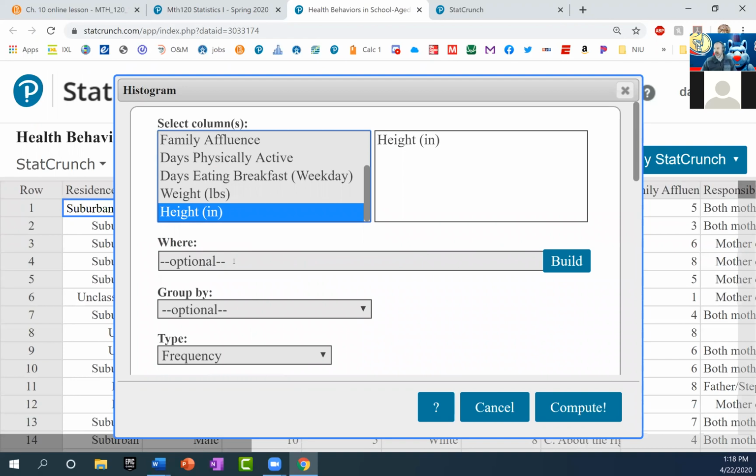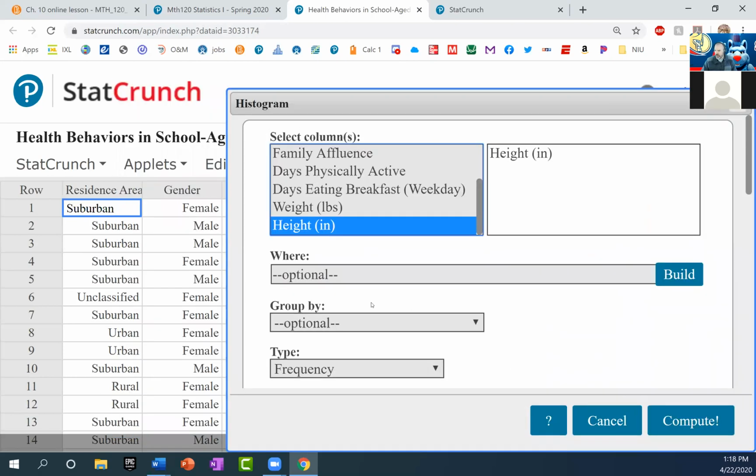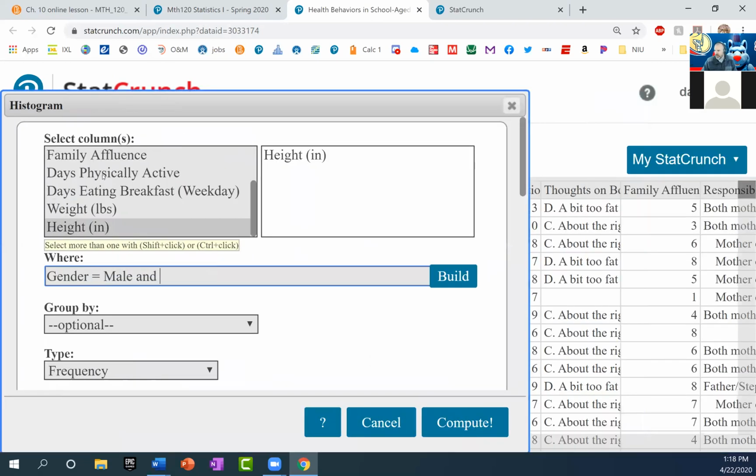Okay, height. Now I want to just get 12-year-old boys. I did give a hint there, but I think maybe I'll just build it. Now we should be able to type it. What do we have? We have gender. So we're going to say where gender equals male and, is it age? I can't see.